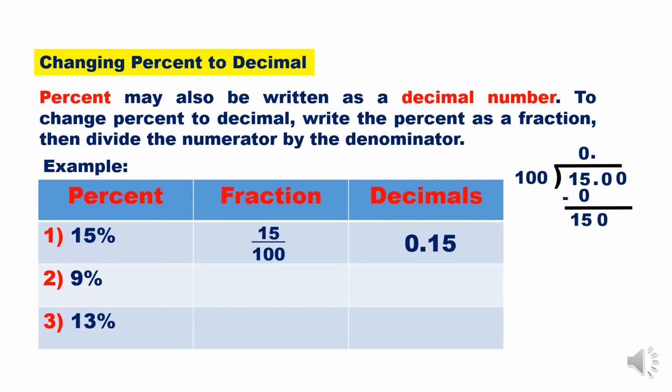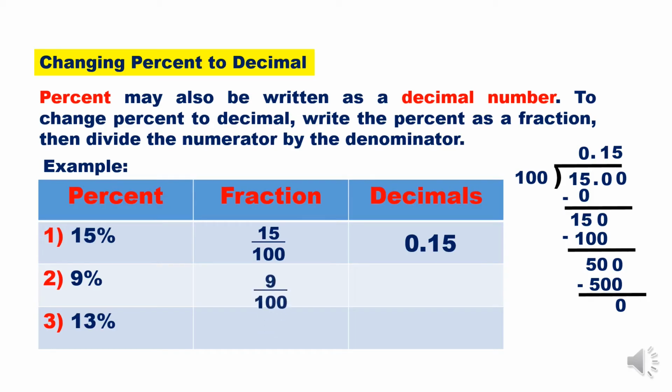Bring down 0. 150 divided by 100, that is 1. 1 times 100, 100. 150 minus 100 equals 50. Bring down 0. So 500 divided by 100 equals 5. 5 times 100 equals 500. 500 minus 500 equals 0. So the answer is 0.15.